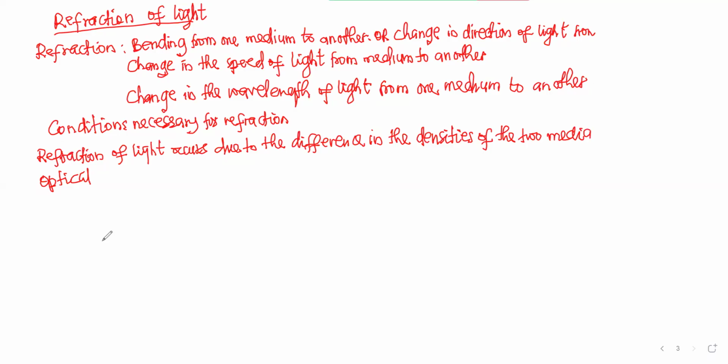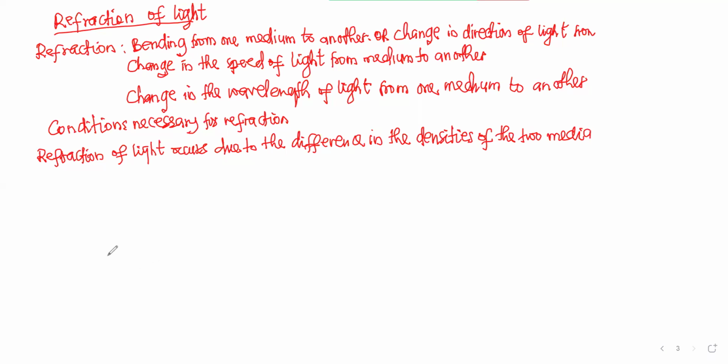So the material must be such that it readily allows light to pass through and must have a difference in its density. That's why we use difference in their optical densities. So the key factor which affects or determines refraction is density.